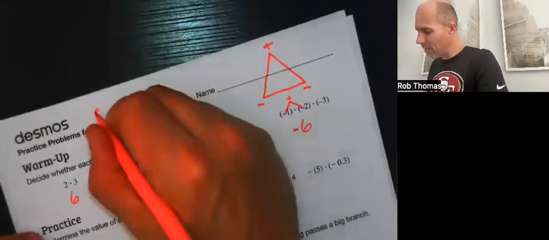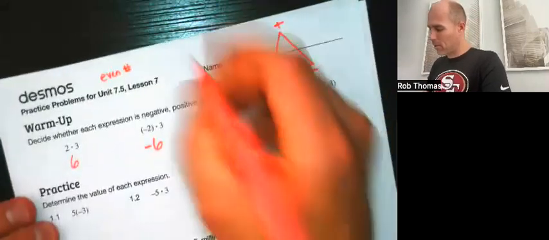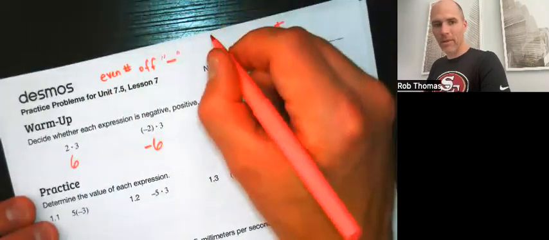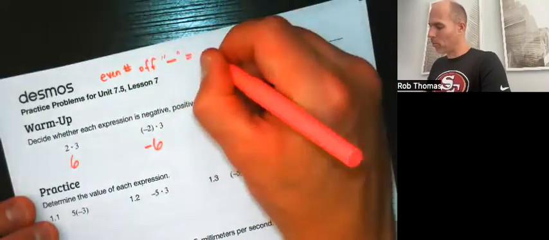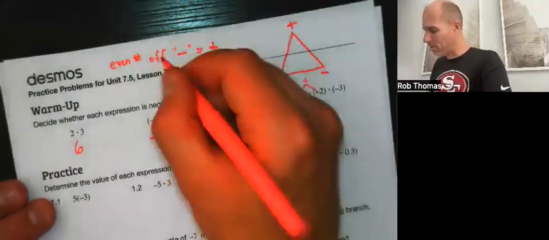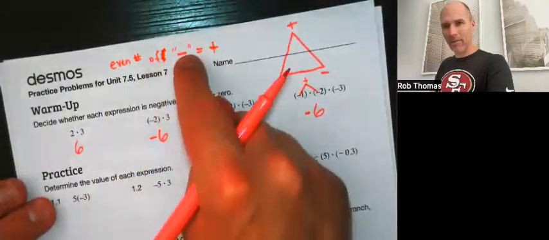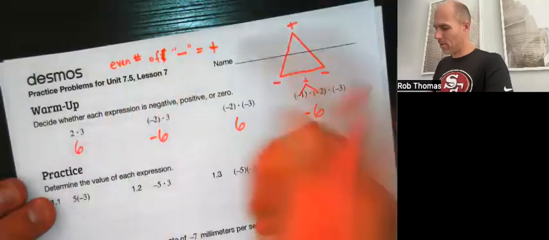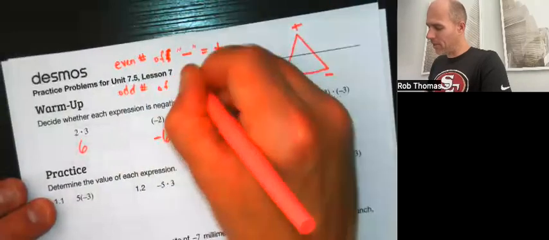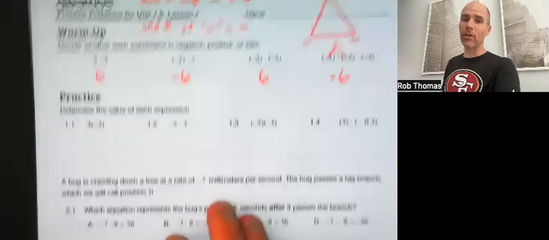If you've got an even number, this symbol right here means number, of negative symbols, then the answer will be positive, okay? Let me read what this means again. That should be of. Even number of negative symbols equals positive. Odd number of negative symbols equals negative. Good trick, good rule to remember.